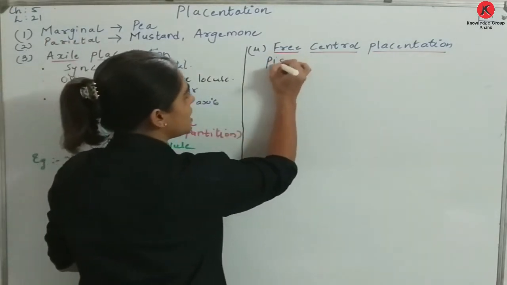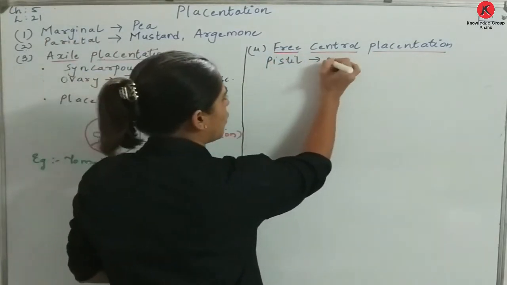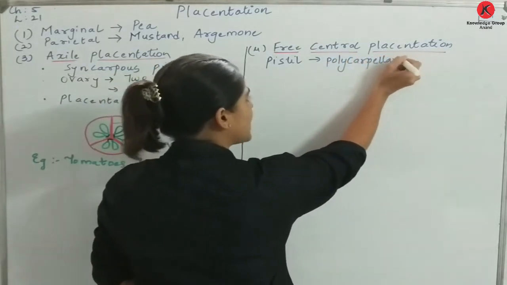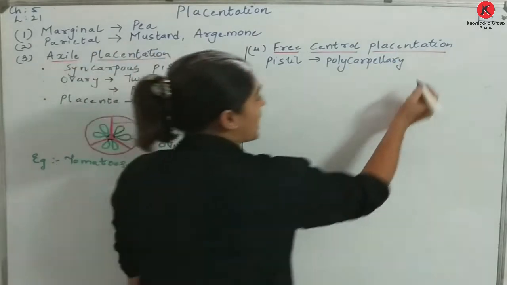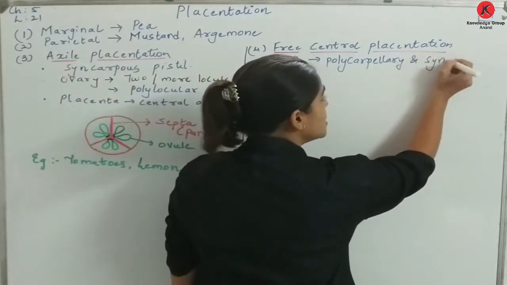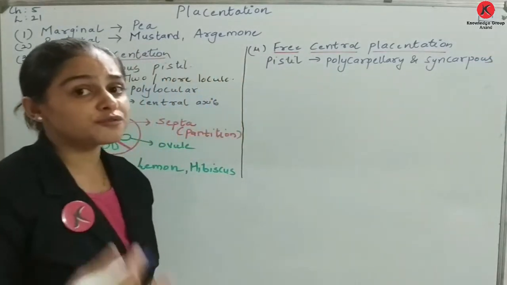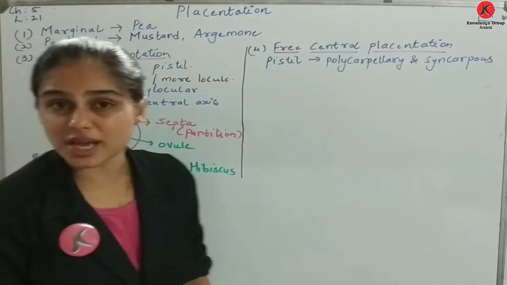The pistil once again over here is polycarpellary, meaning more than one carpel is present, and that too they are syncarpous. Syncarpous means they are fused. Am I clear?